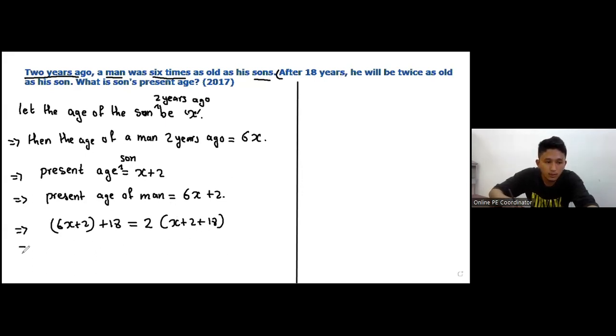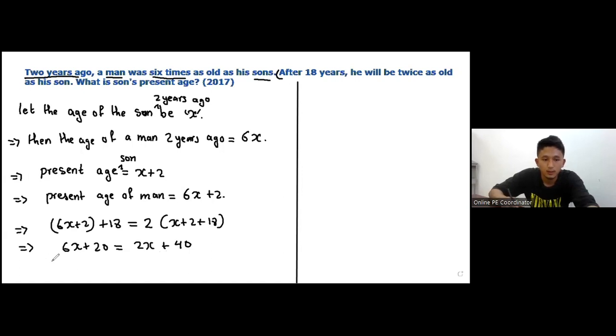So now we solve this equation. 6x plus 2 plus 18 will be 20, which is equal to 2 times the bracket. We get 2x plus 18 plus 2 is 20, times 2 is 40.